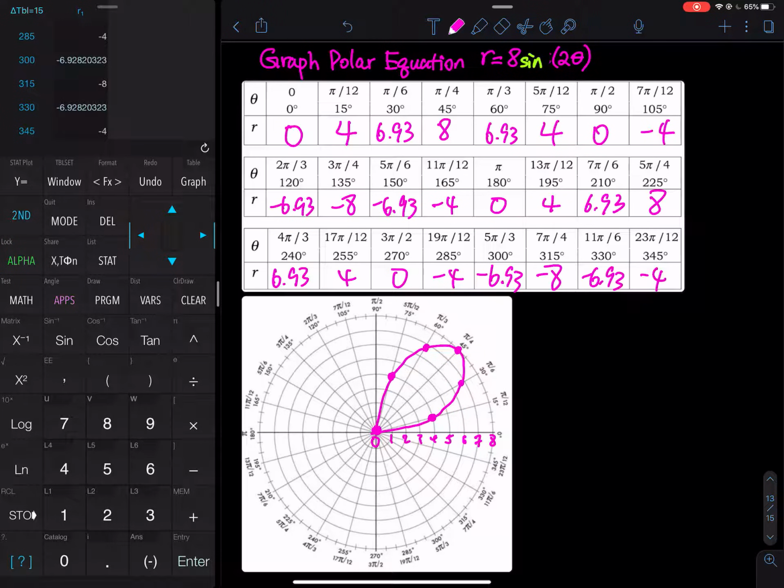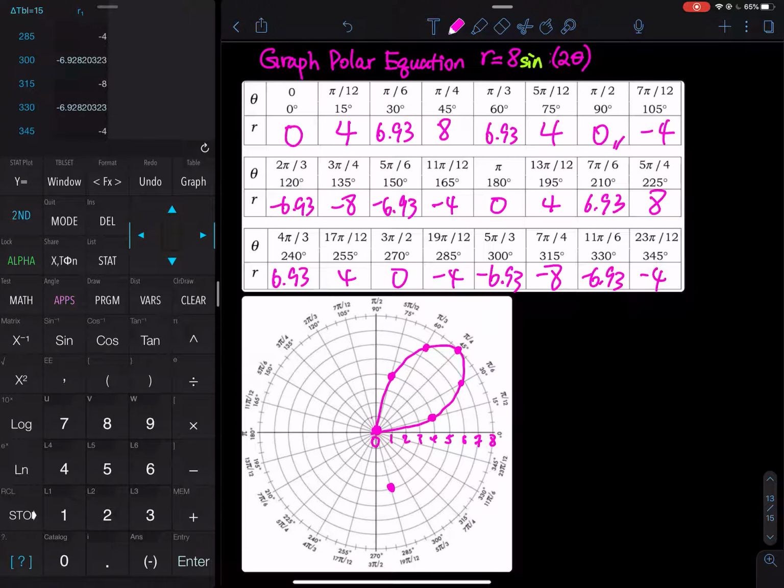We stop at 60, mark right here, and then 105. Now we have to start doing negatives. 105 is -4. So we don't go 1, 2, 3, 4 this way. We don't do this. It's -4, which means you have to reflect 180 degrees right here, 1, 2, 3, 4. That is your 105. We have to erase this wrong point.